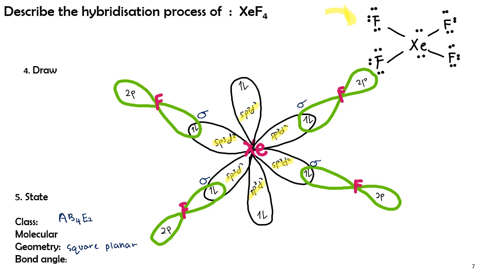Untuk ini sahaja. Untuk Xe, that bond with fluorine with another bond. Okay, so bila kamu tengok bond angle, it is between bond lah. Okay, yang mana between bond. So all of the angles will be 90 degrees.